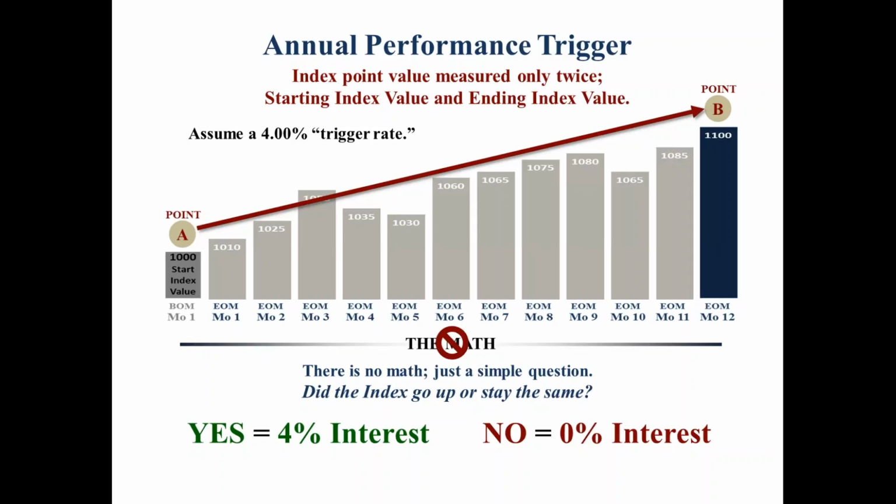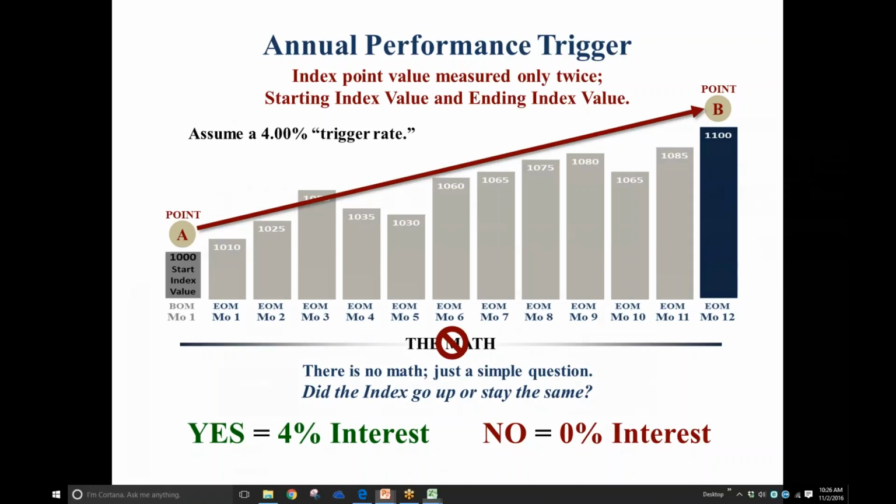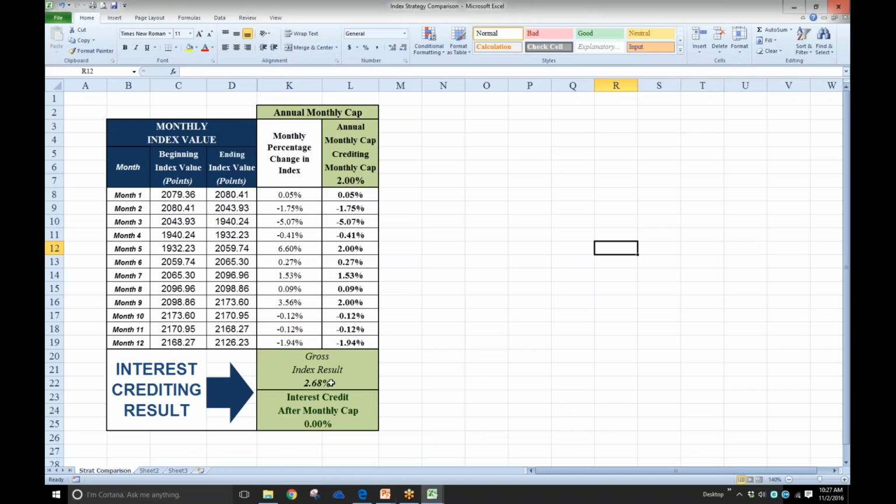I love it. We don't even need to look at a spreadsheet for an annual performance trigger. It is what it is. The only thing I'll tell you is if we go back to the spreadsheet we were looking at for our comparison, hang on, let's look at our annual point-to-point.